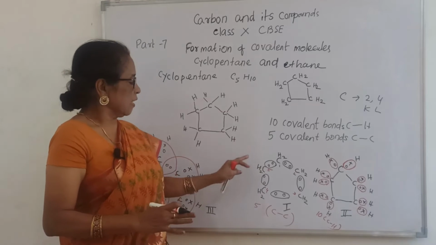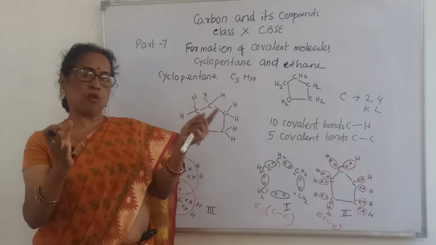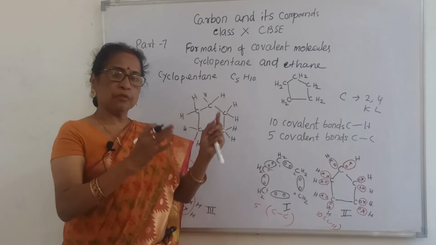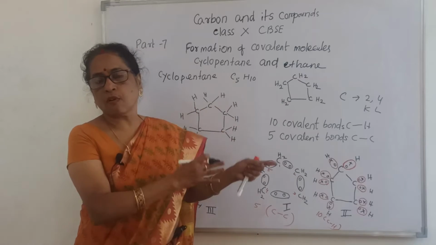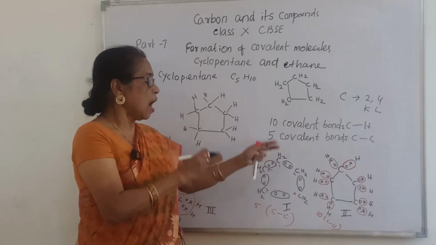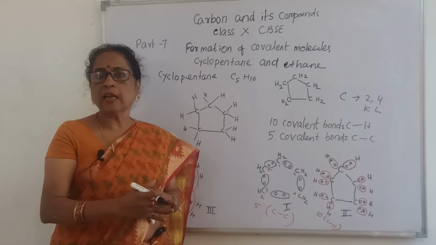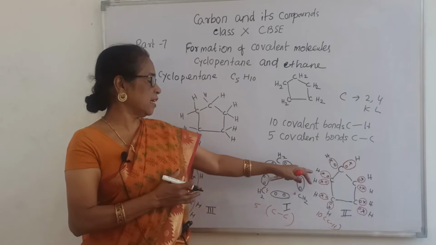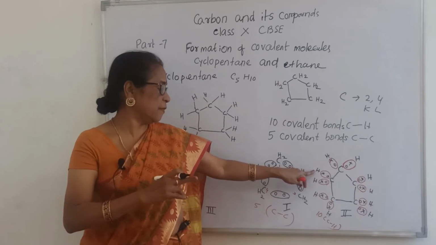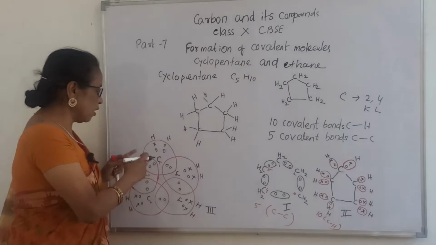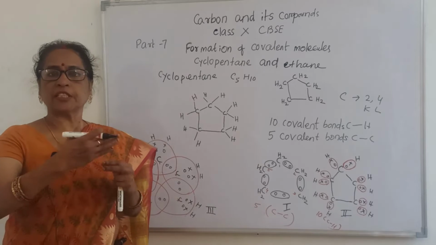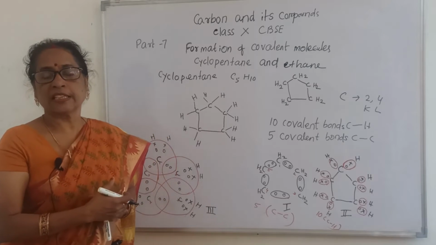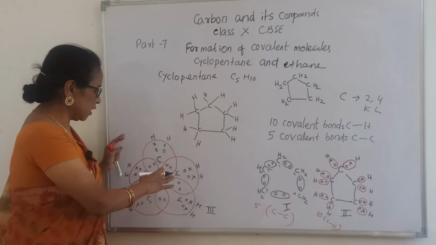In the first step you saw how the bonds form between carbon and carbon. In the second, how the bonds are formed between carbon and hydrogen, and how the hydrogens are satisfied by the nearest inert gas configuration, helium. And in the third step, I wanted to make clear how the carbon is satisfied by 8 electrons, near the inert gas neon.